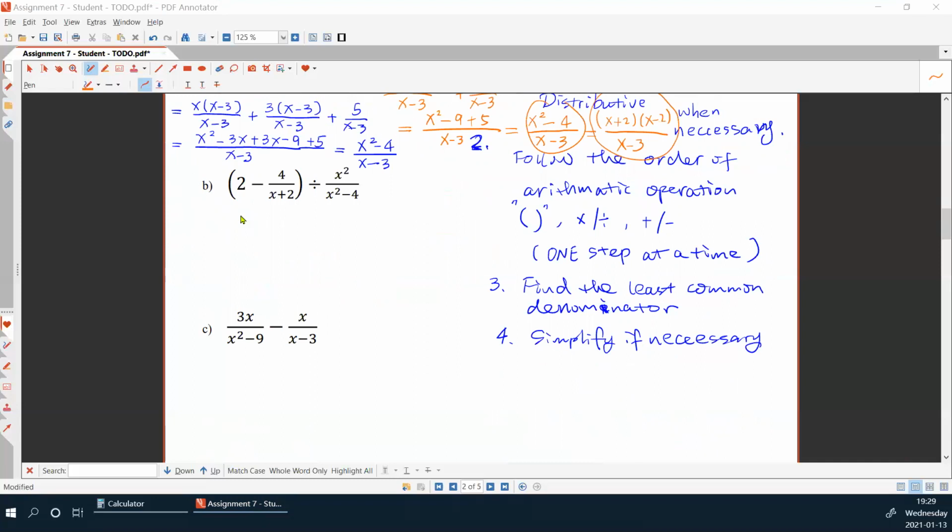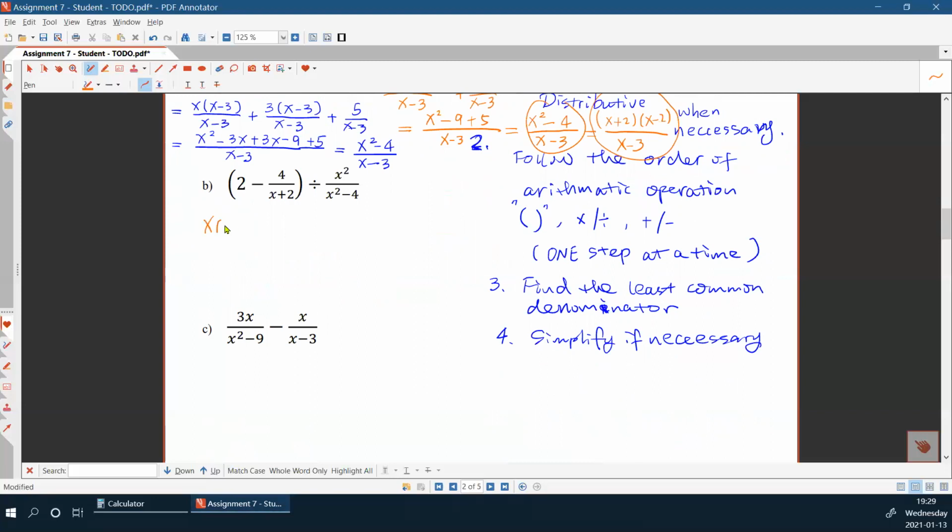And for Dora, I think your problem is you don't know when to cancel the terms. Okay, I'll write your steps here and explain this to you. Okay, this is your solution, and I can see there you try to cancel these two terms, right? Okay. When you cancel something, what do you cancel actually?